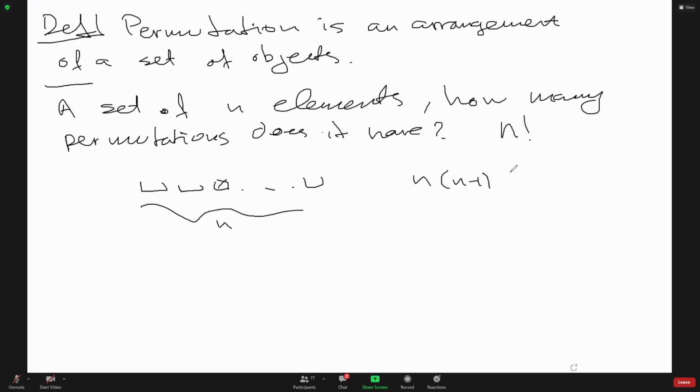For the third object, I have n-2 choices. And for the last object, there's only one position possible, so that's n factorial, right? So this is just the multiplication rule from before. We just multiply the ways of doing an operation, and we have n operations, okay?